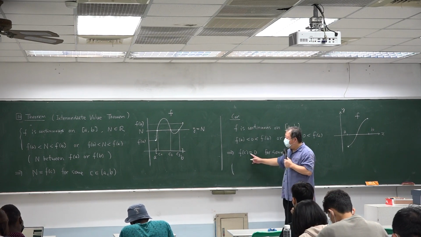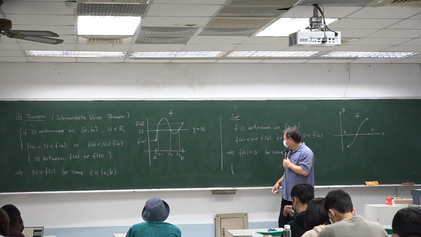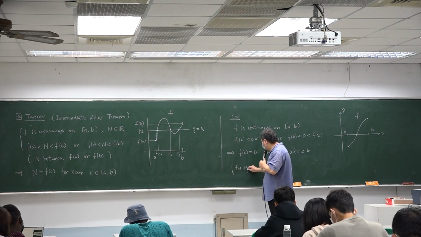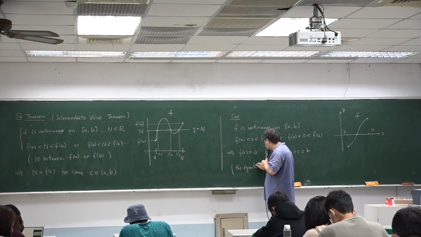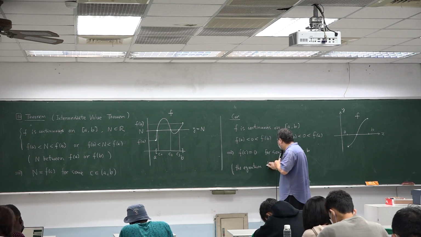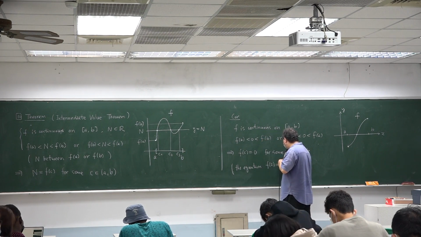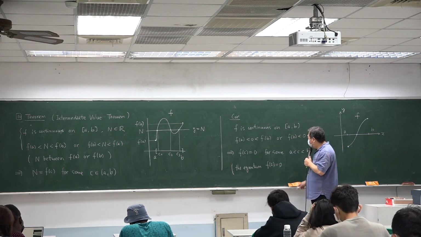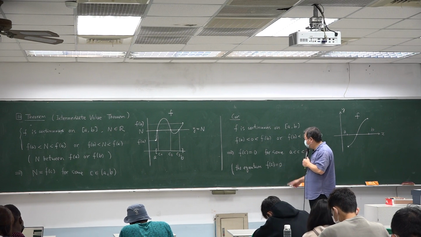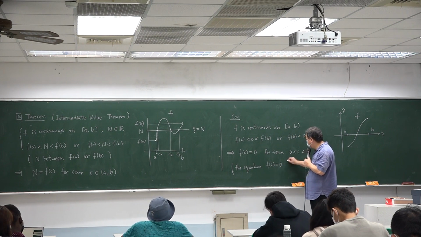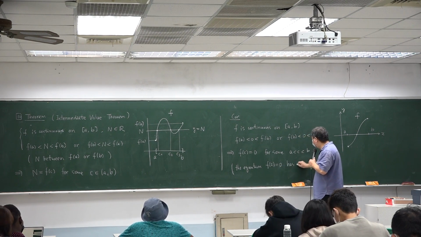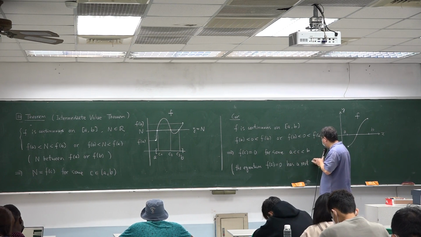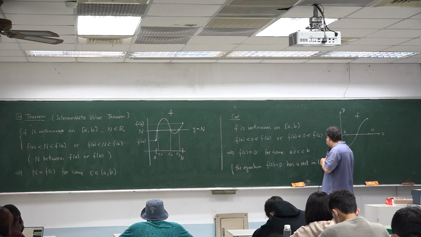Because we have an equal sign here, this means the equation. This expression has an unknown variable, so this is an equation, and it has a root in this interval AB.